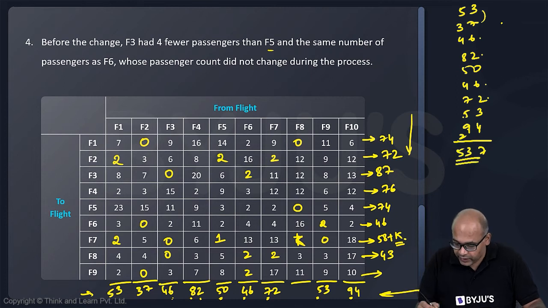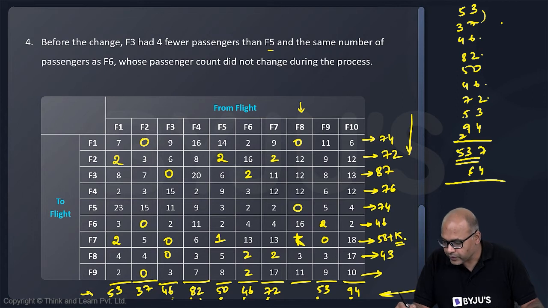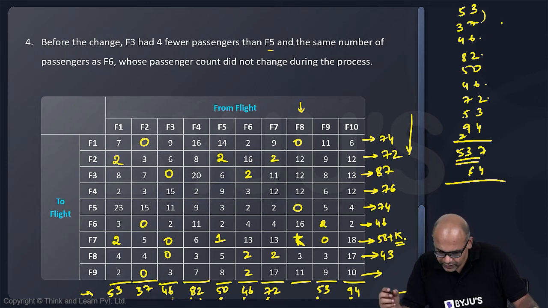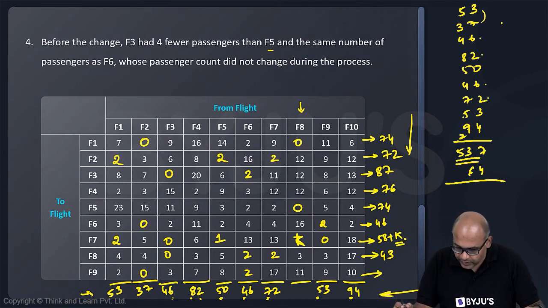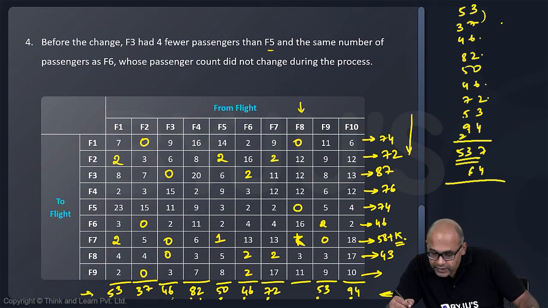So 537. Now vertically, if you add this, it will be a total of 36, 46, 52, 62, 63, 64. Is it 64? I'm getting more than 600. Let me add the totals up. 12 plus 12 plus 12. 53, 37, 46, 82, 50, 46, 72, 53 and 94. So let me add this up correctly.